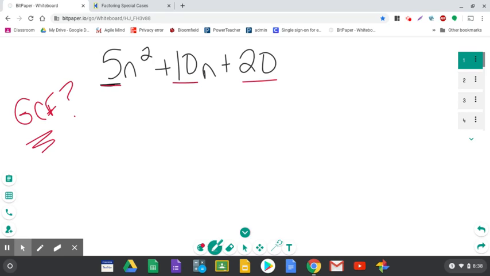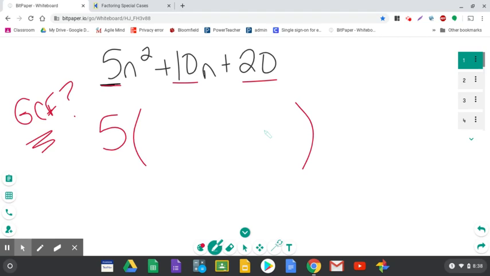Well, the first thing you should always check for is to see if the smaller number goes into the bigger numbers, right? So does 5 go into 10? Of course. Does 5 go into 20? Yes. So I can take out a 5. Now, if I look at the variables, there's n squared, there's n here, but there's no n's with the third term. So I can't take out any n's.